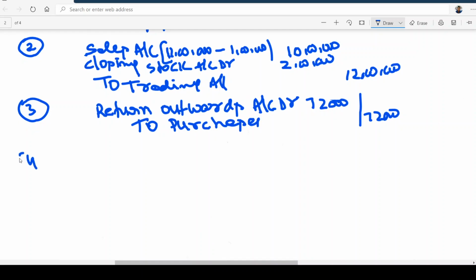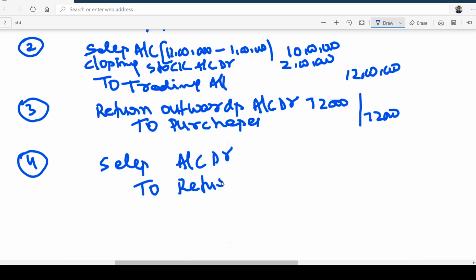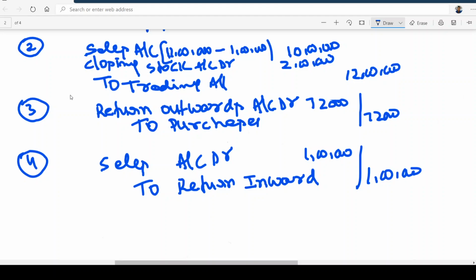Fourth entry. What is the entry for sales returns? Sales returns account debit to return inward. It is how much? 1 lakh. Now here I am putting a star mark.